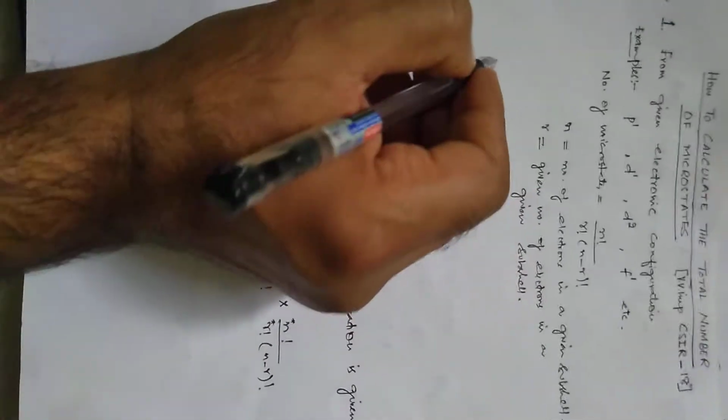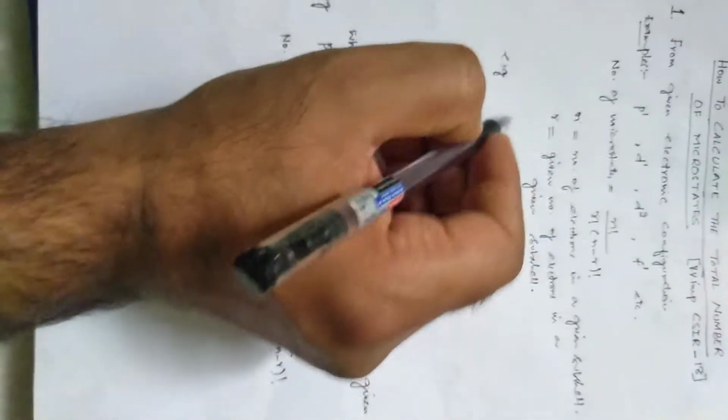So for example, if we are solving this question p1, suppose we have an element whose valence electronic configuration is p1. For example, we can say boron. Its atomic number is 5.